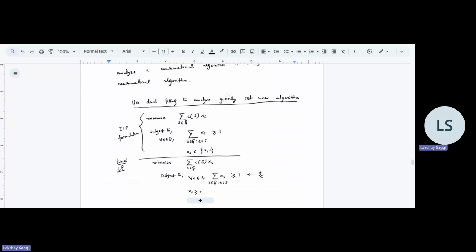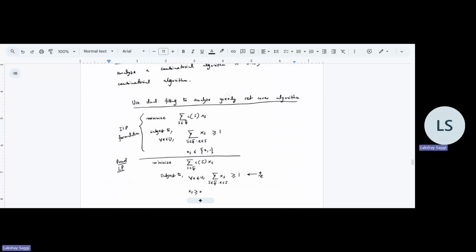And there was this greedy set cover algorithm, which was just, at every iteration, you pick the subset from the original collection available to you which maximizes the number of uncovered elements covered till now.